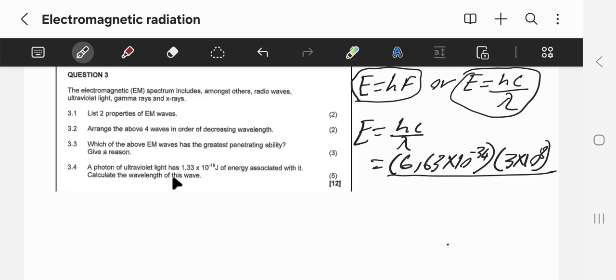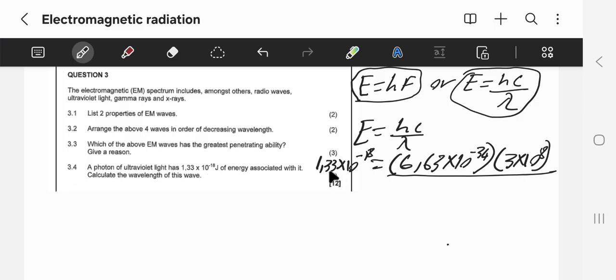So for the E we will substitute by saying 1,33 times 10. I don't have space there, let me just fix. Where we see E, we are gonna put the energy there because that's our energy measured in joules.